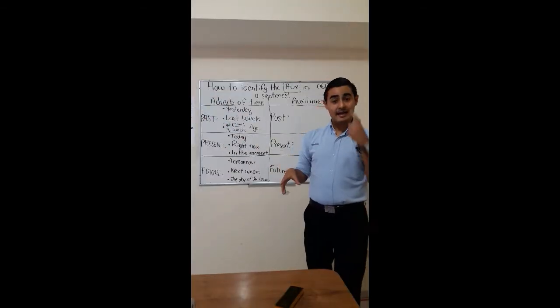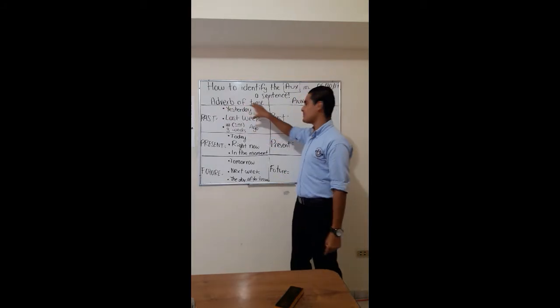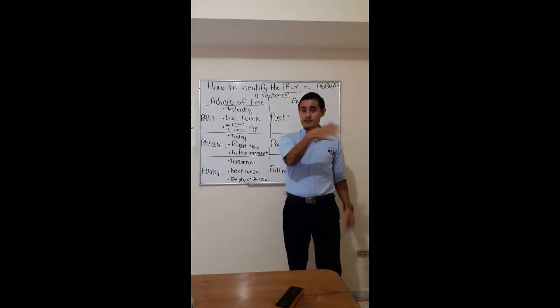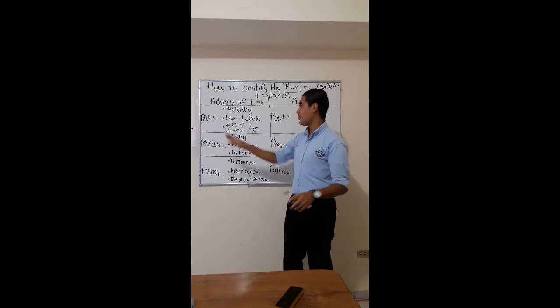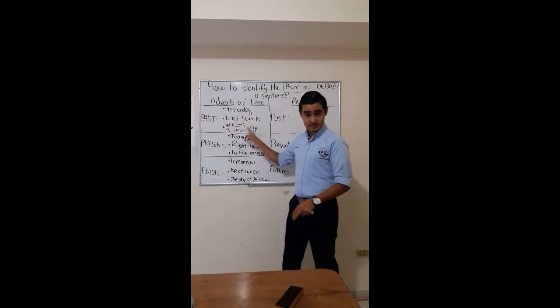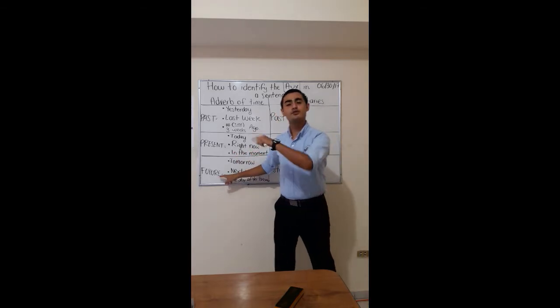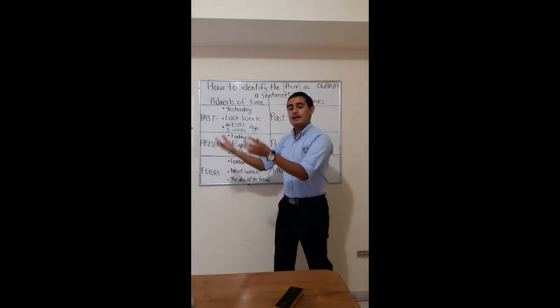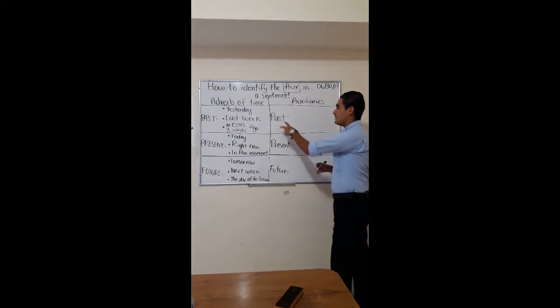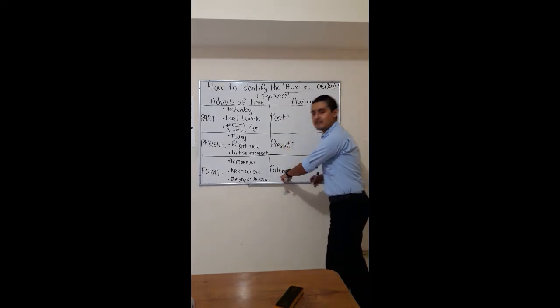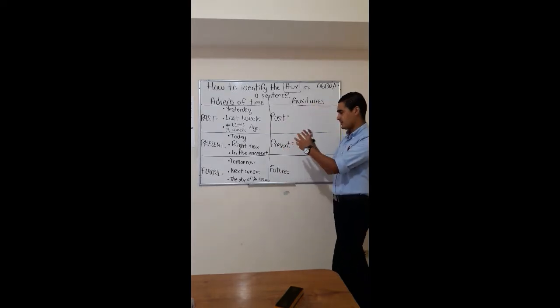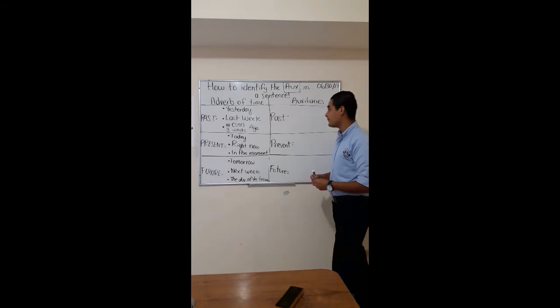Okay, now that we identified the adverbs of time in the complement, for example, past in the special ideas, present in the special ideas, and future in the special ideas, now we have to observe the auxiliaries of each time, of past, of present, and future, okay?